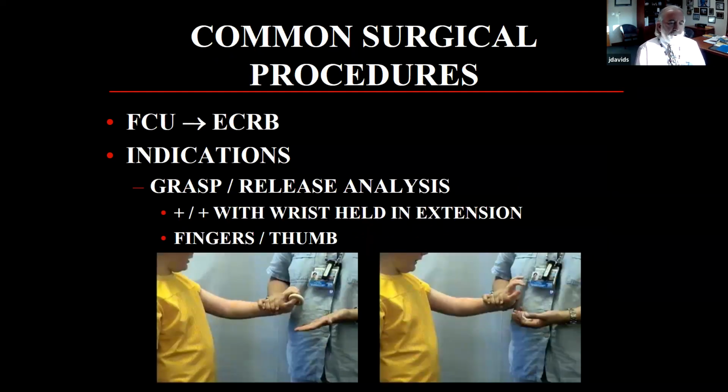The grasp and release section should show the ability to perform grasp and release with the wrist held in a corrected position. If this is not present, then consideration for intervention to the extrinsic finger flexors must be made when considering performing the tendon transfer to improve wrist alignment.